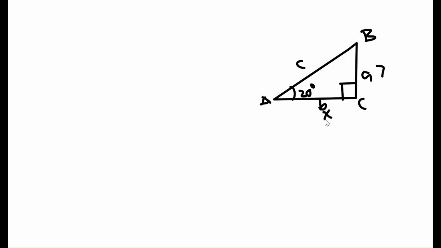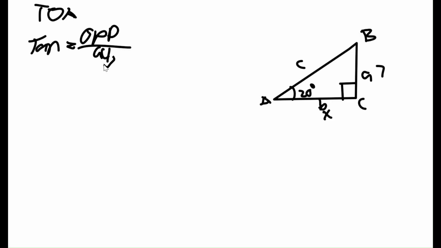So we can use TOA, or tangent is equal to the opposite over the adjacent. Since our opposite is present, we have tan 20 is equal to the opposite, 7, over x.